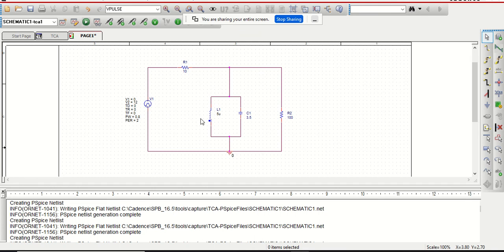To get the value of the current and voltage, we just simply put the voltmeter here, for example at R1, then run the simulation.